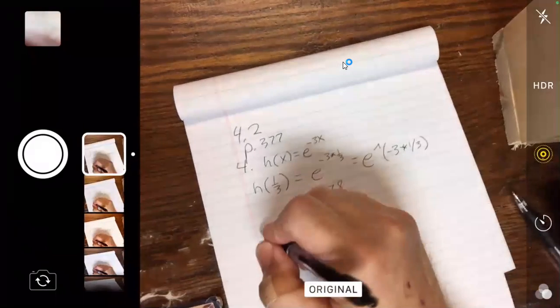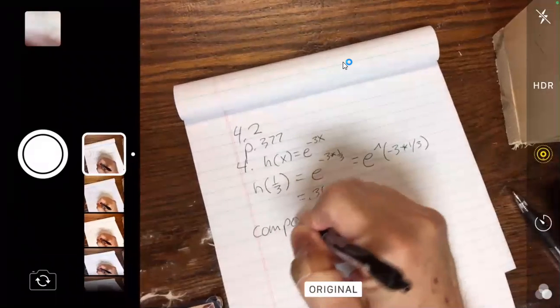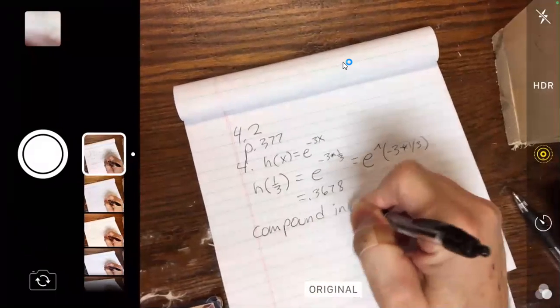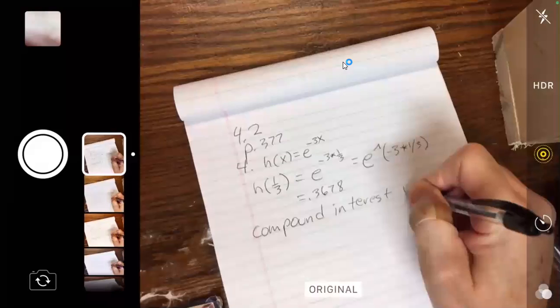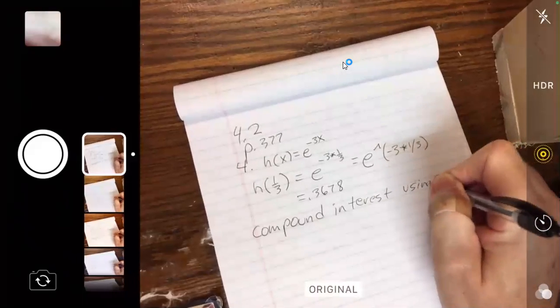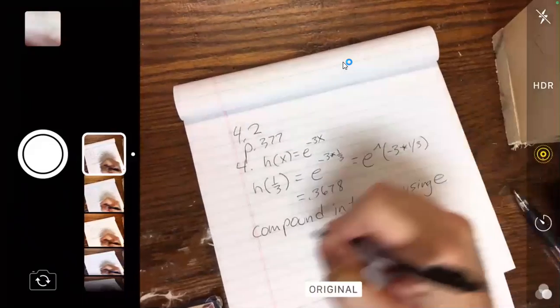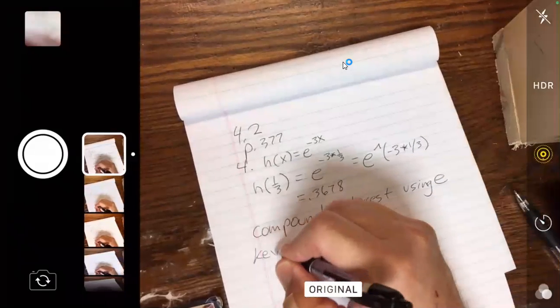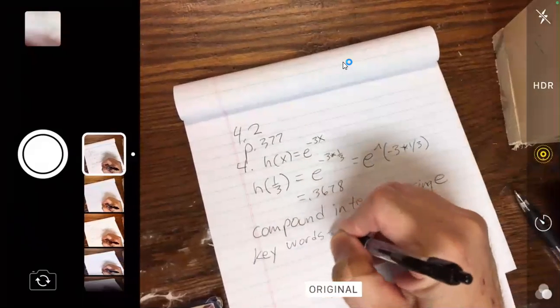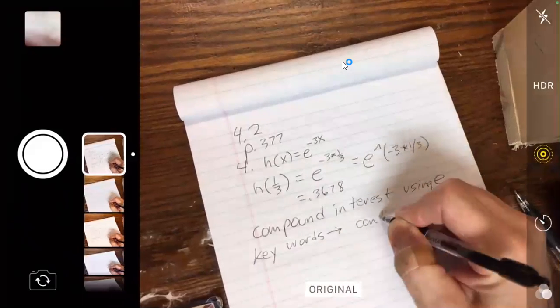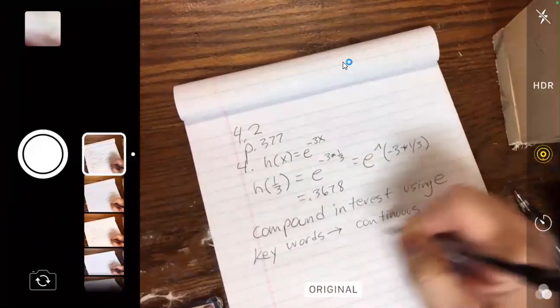Okay, so for compound interest using e, the keywords are continuous compounding.